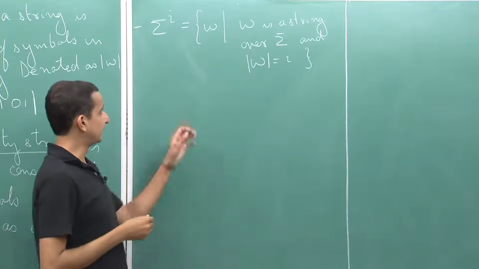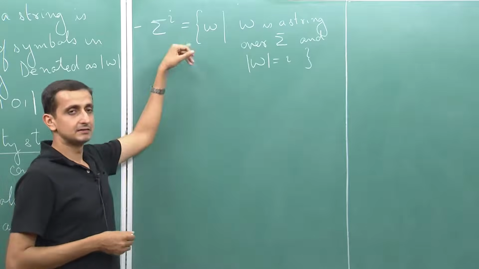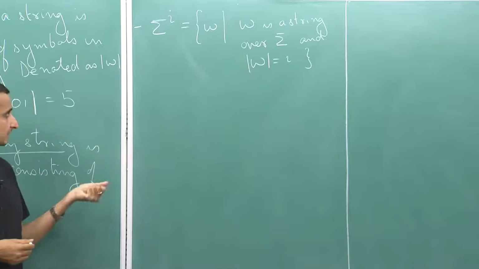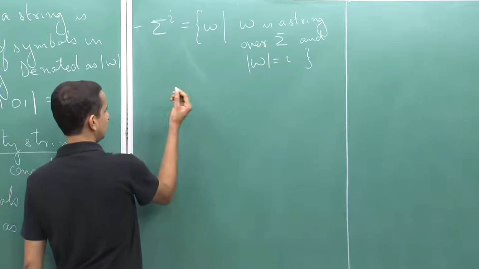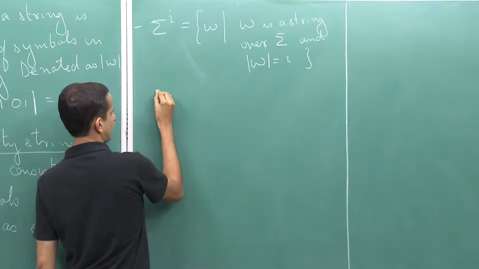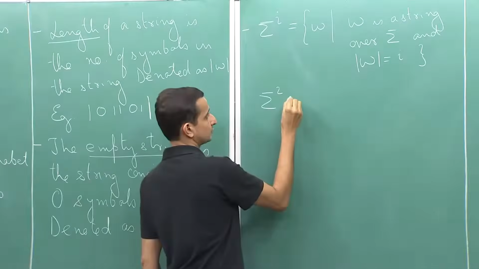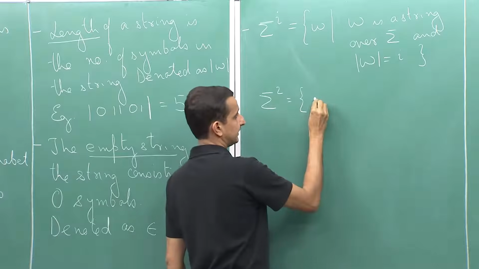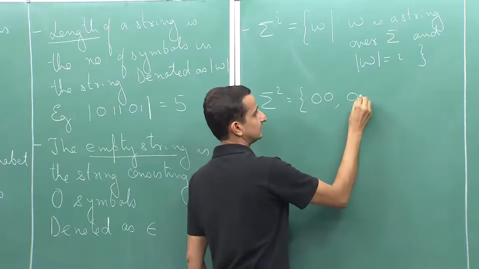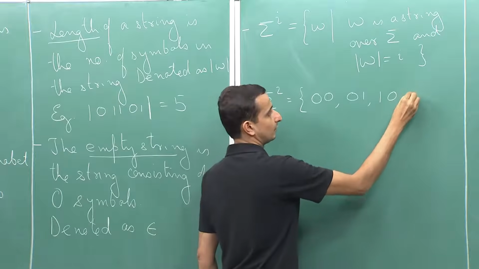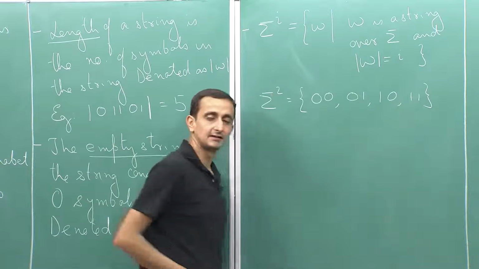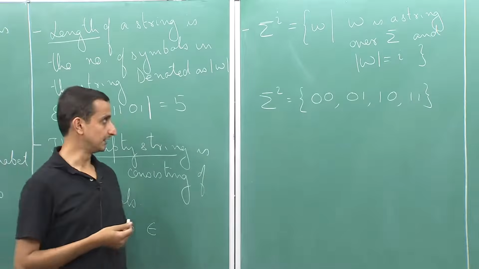So, for example, if we take sigma as the alphabet consisting of symbols 0 and 1, then sigma square will be the set of strings 0 0, 0 1, 1 0 and 1 1. Okay. So, these are the only 4 strings which have length equal to 2.